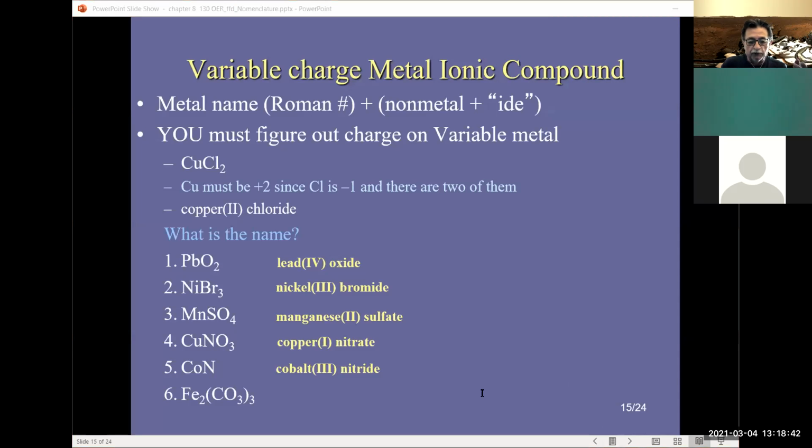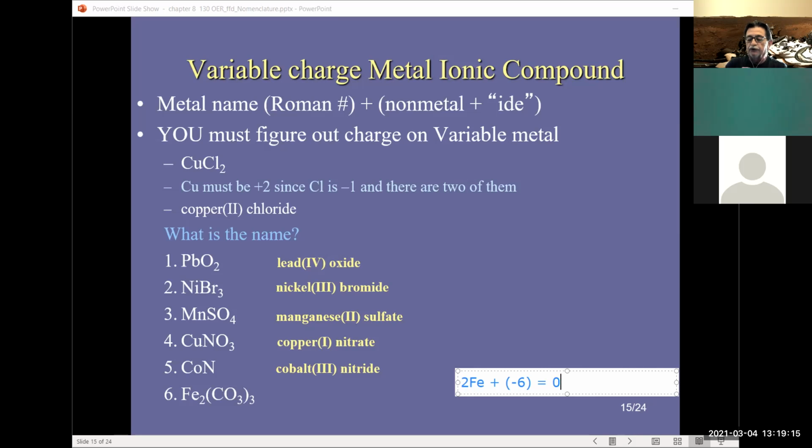We don't know what iron is, that's what we're trying to figure out. But we have 2 of them, right? See the subscript of iron? So we got 2 of those irons. So I'm going to put the 2 Fe plus the carbonate each have a -2 charge. And the parentheses tells you there's 3 of them. So that tells me I have a total of -6, and that is equal to 0.